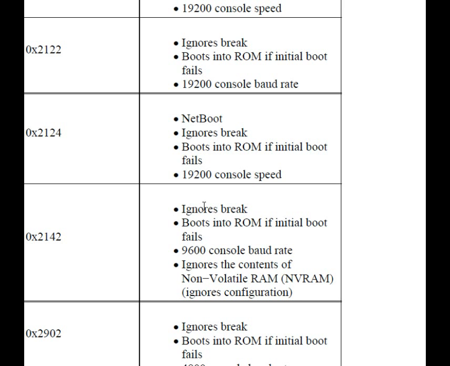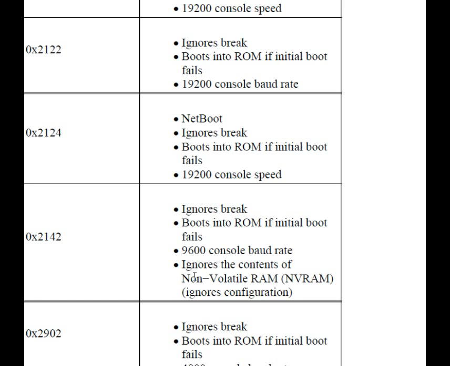It ignores break, same as the 2102. It boots into ROM if initial boot fails, same as the 2102. 9600 baud, same as the 2102. But in this case, it's going to ignore the contents of non-volatile RAM. The configuration file in NVRAM is where the password is stored.